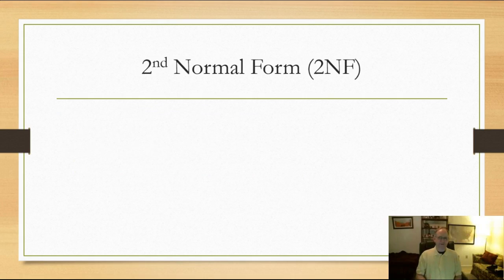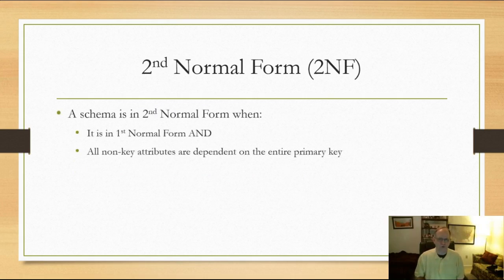Second normal form. A schema is in second normal form when it is in first normal form and all the non-key attributes are dependent on the entire primary key. This deals with when the primary key is composite, meaning there's more than one attribute in the primary key.